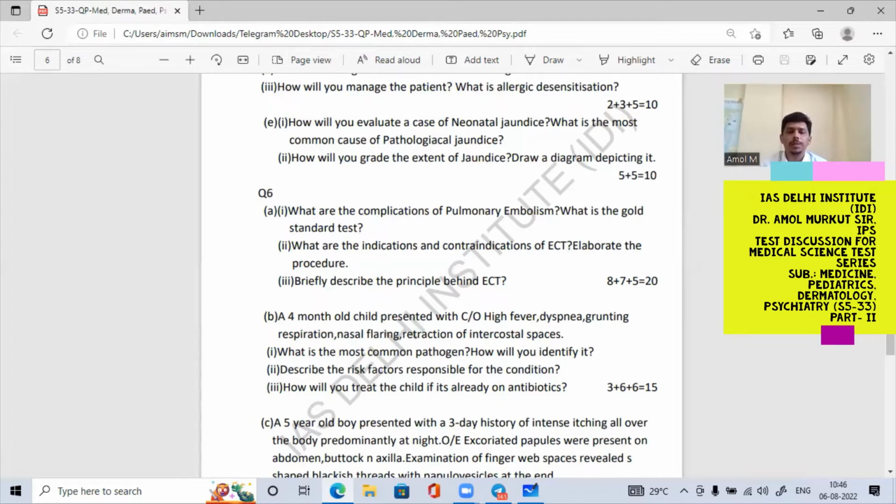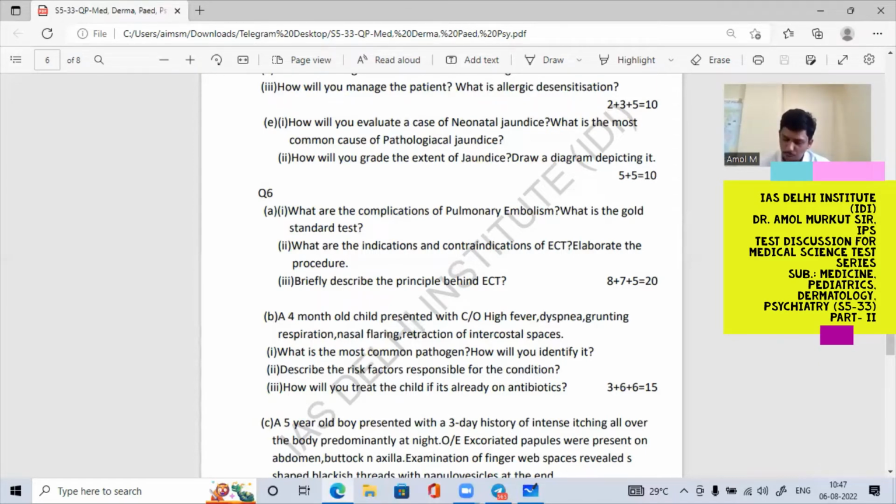Briefly giving the electric current to the patient's brain to induce convulsion. That is the basic principle behind ECT. What happens due to electric current? A few new neuronal pathways are created, and that's why the patient can recover through electroconvulsive therapy. Next question.